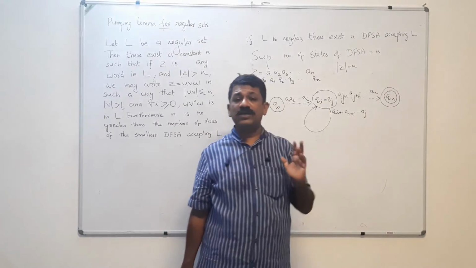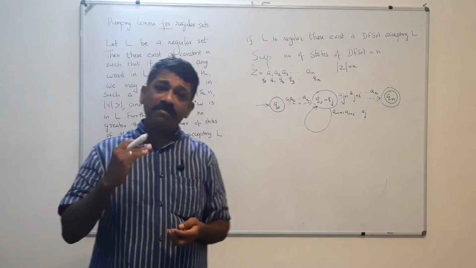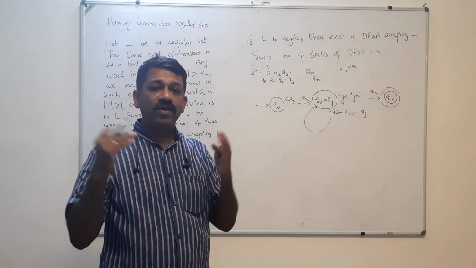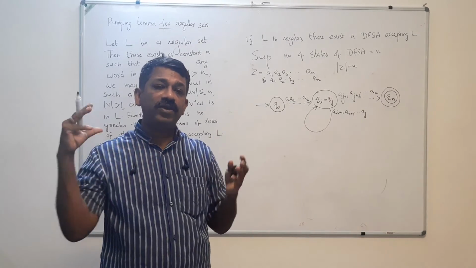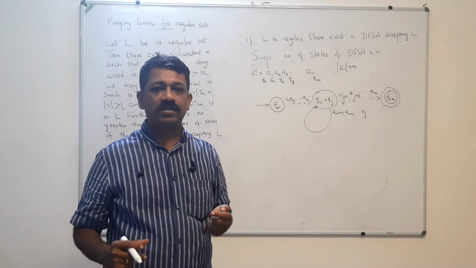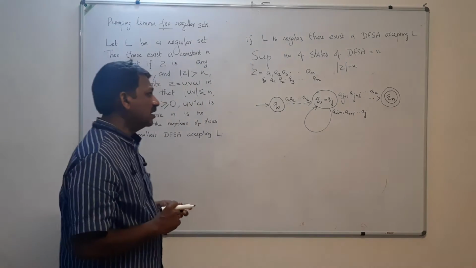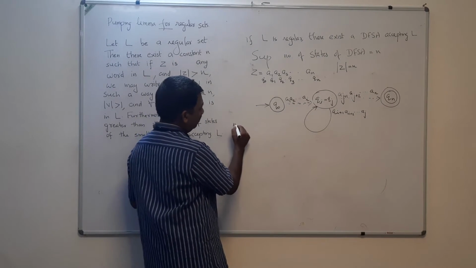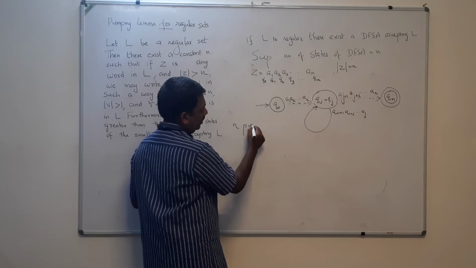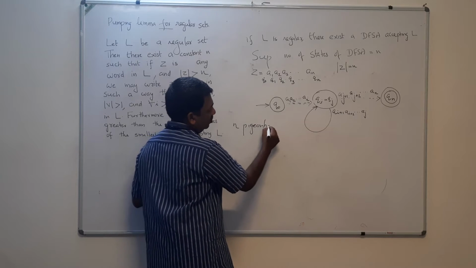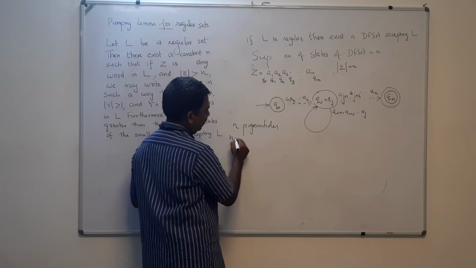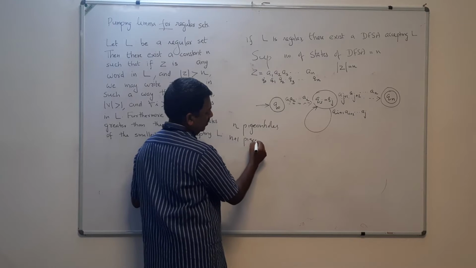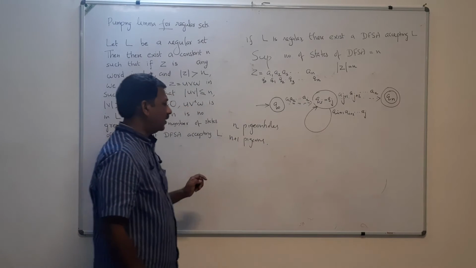So as per the pigeonhole principle, some hole has to occupy 2 or more pigeons. That is the pigeonhole principle. That means if you have n pigeonholes and n plus 1 pigeons, what will happen?